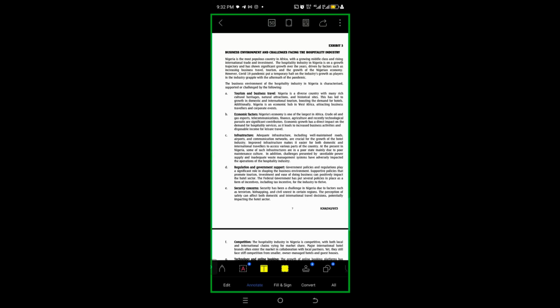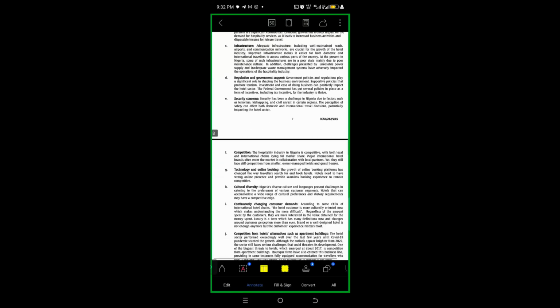D, regulation and government support. Government policies and regulations play a significant role in shaping the business environment. Supportive policies that promote tourism, investment, and ease of doing business can positively impact the hotel sector. The federal government has put several policies in place as a form of incentive, including tax incentives for the industry to thrive.